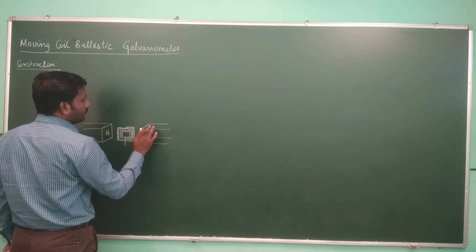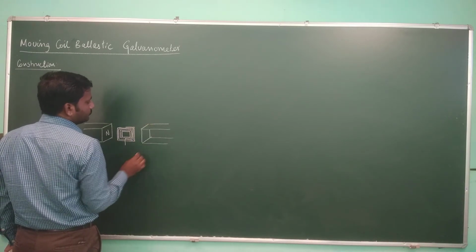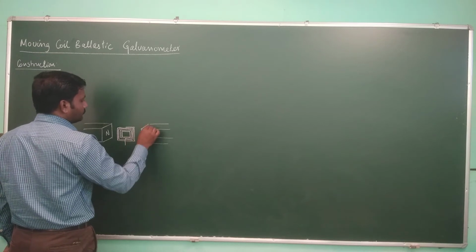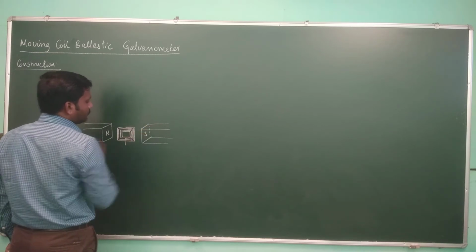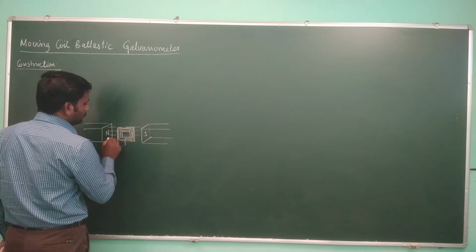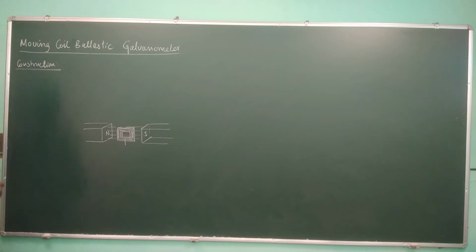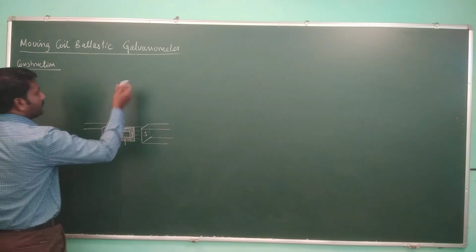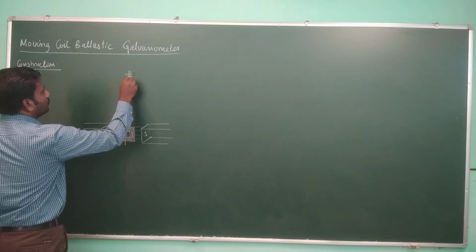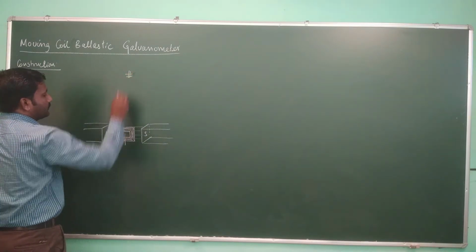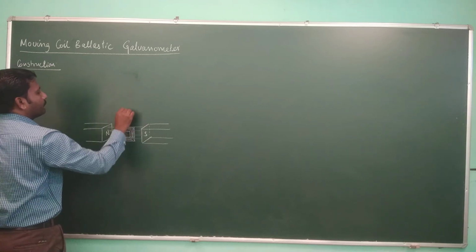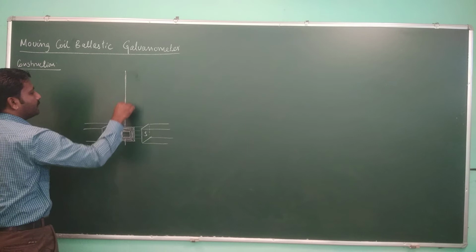So this is the south pole. The magnetic lines will be passing from north to south. This setup is suspended from a torsional wire.